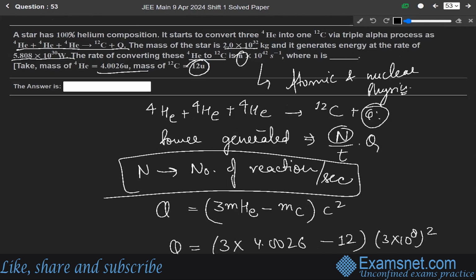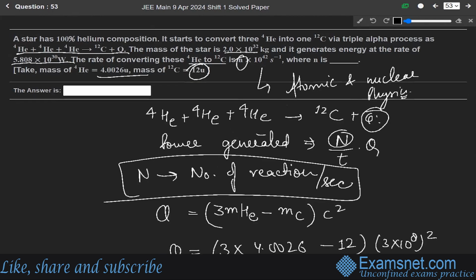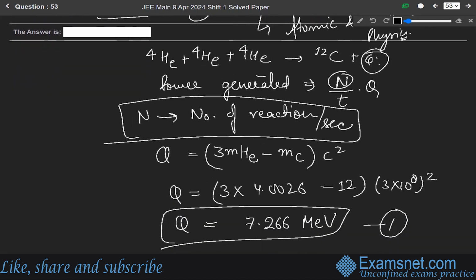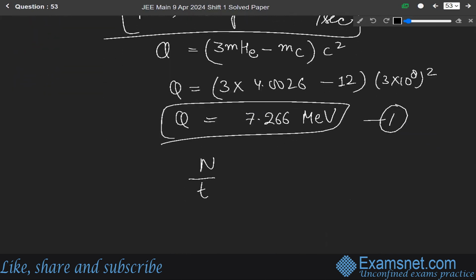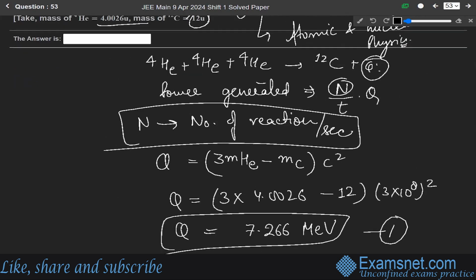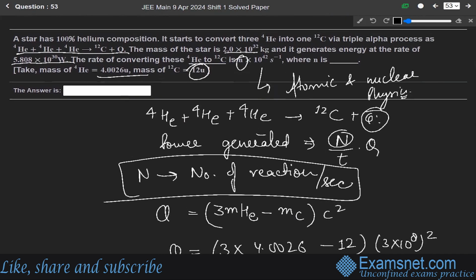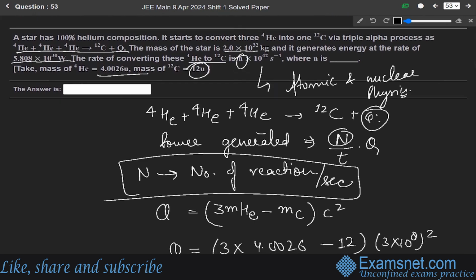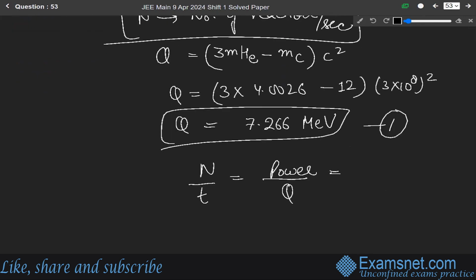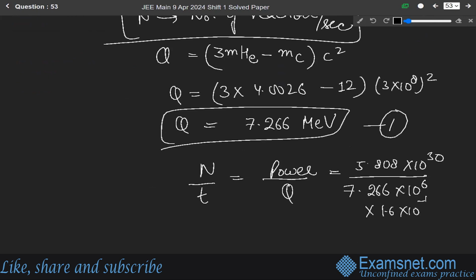So in this question, we are asked to find the rate of conversion. So rate, meaning N over T, is equal to power over Q. Power is given as 5.808 into 10 to the power 30 watt, over Q. We found Q is 7.266 mega electron volt, meaning 10 to the power 6, and electron volt converted into joule is 1.6 into 10 to the power minus 19.